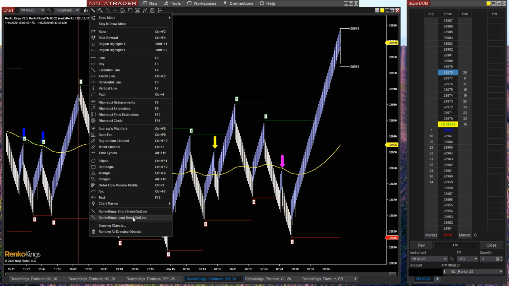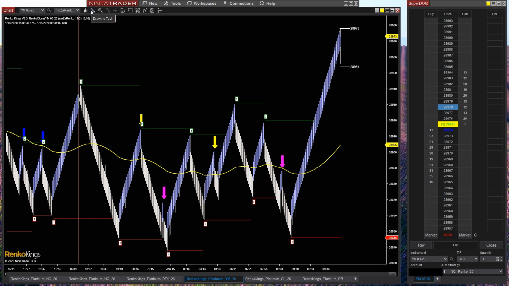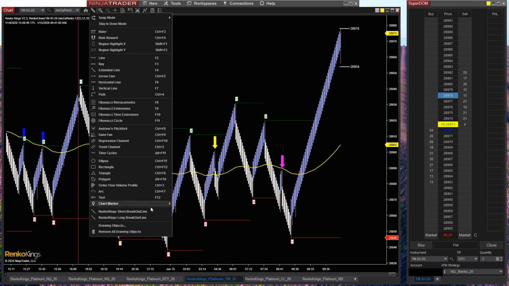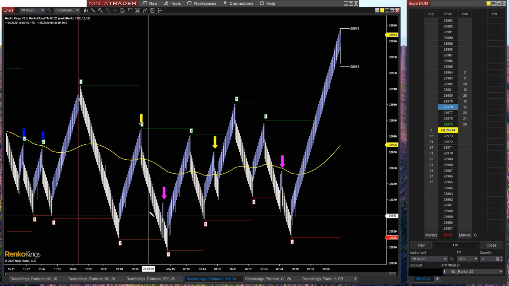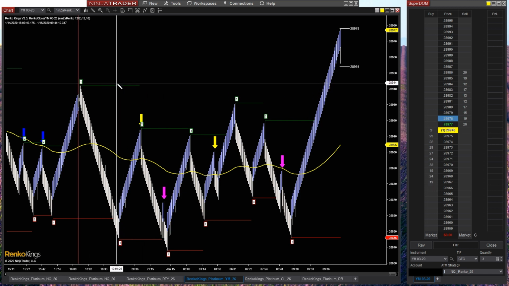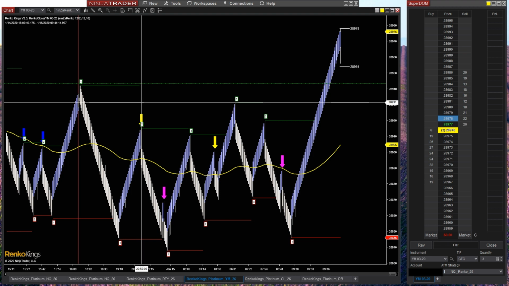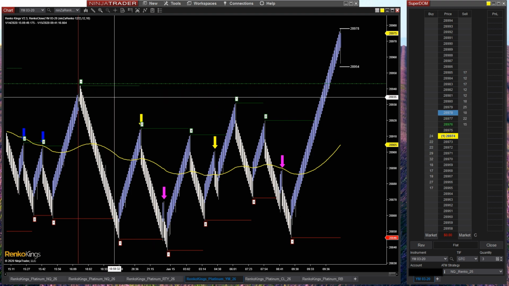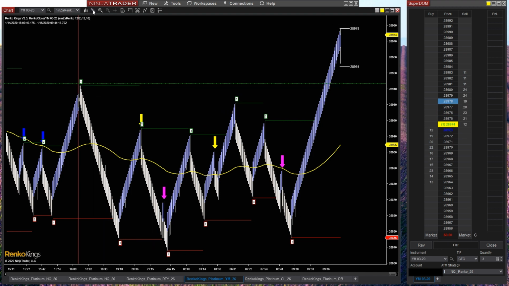You can see that Platinum 2.3 has some custom lines built into the drawing tool, it's called. Okay, so you can see that the overnight session, the high is right here, so I'm going to draw the breakout line just above that so you can still see that high mark there.